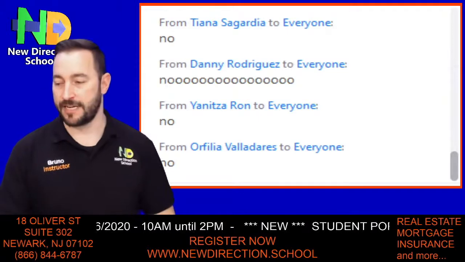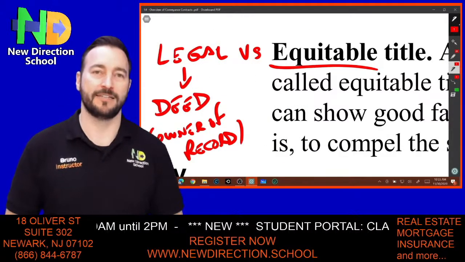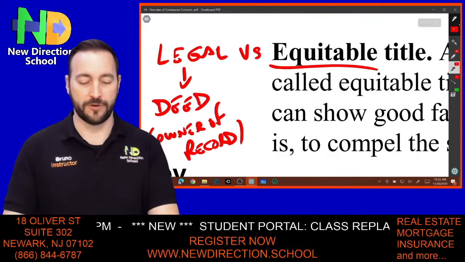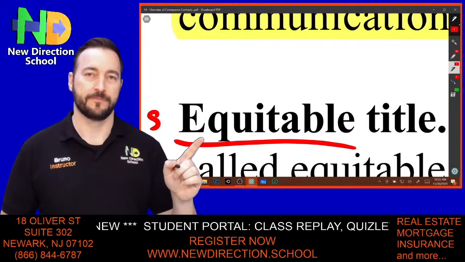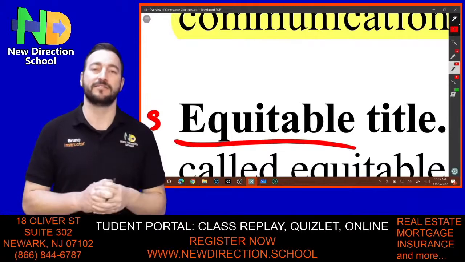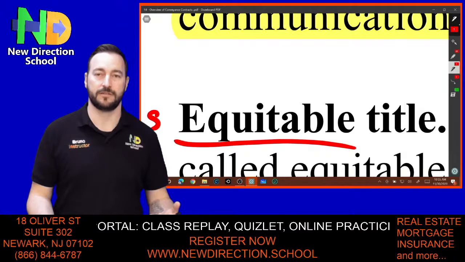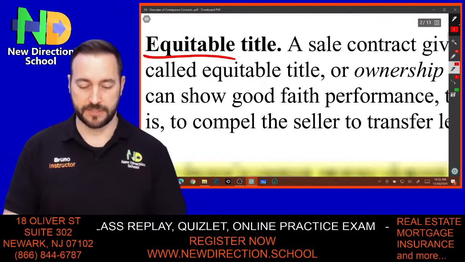The thing is, guys, we put the option to buy. That means we tied into a contract. Therefore, we don't have legal title. We have equitable title. Okay? You're tied into a contract with me. You cannot sell to anybody else until either I release the title or we conclude the transfer. Okay?